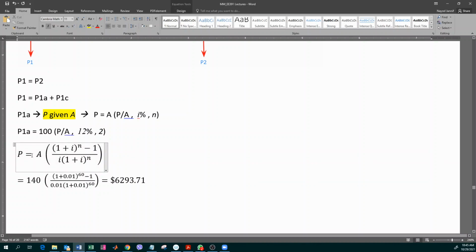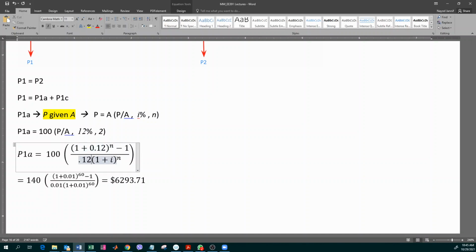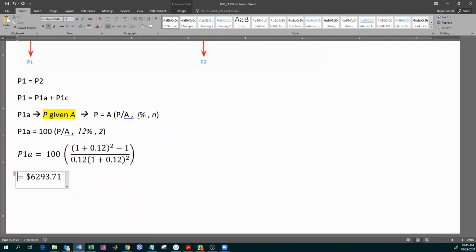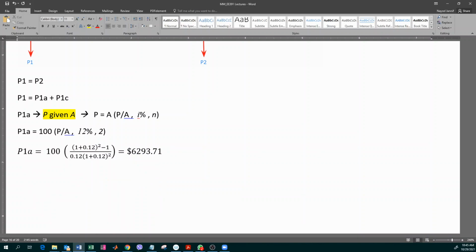Now, P1A is equal to 100, 12% is 0.12, and the N value is 2. What do we get, guys?